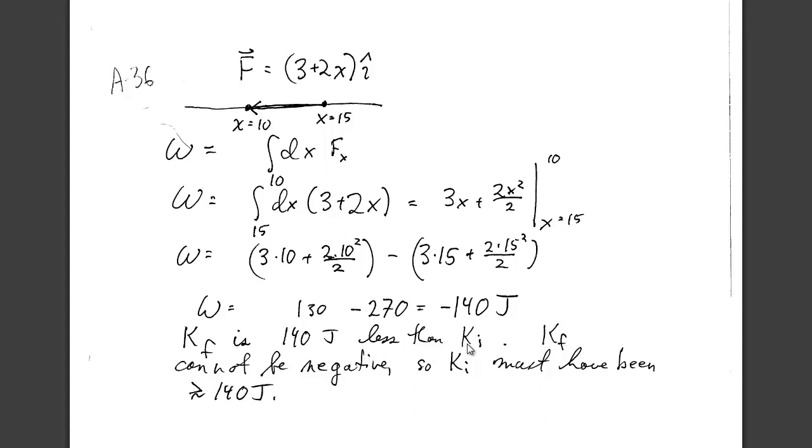The final kinetic energy can't be negative, can it? No. If it was, the velocity would have to be imaginary, or the mass would have to be negative. That's very bad. And therefore, the kinetic energy initially must have been positive, and it must have been greater than 140 joules. That's it.